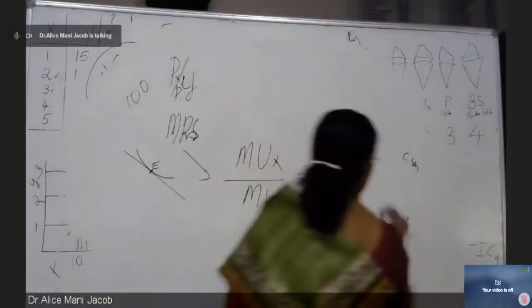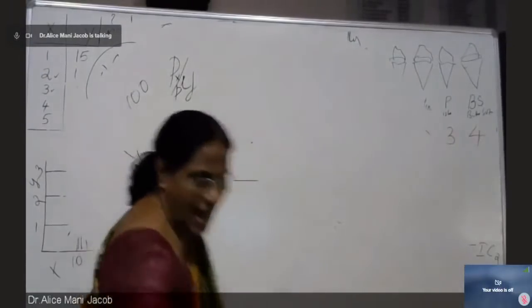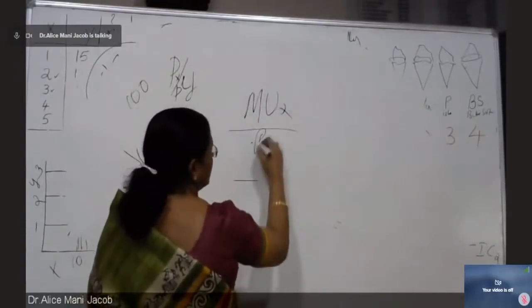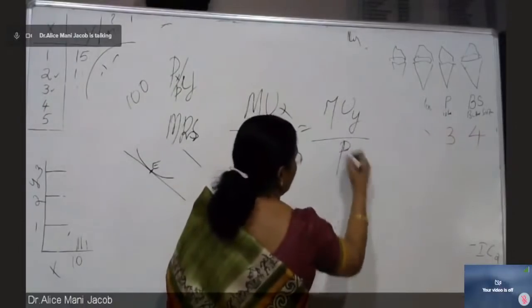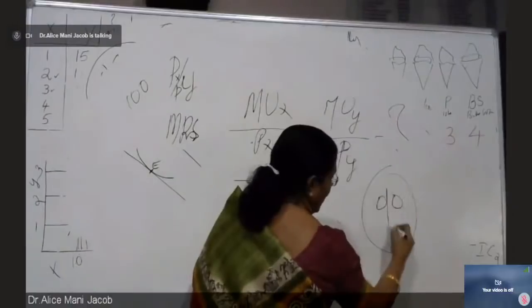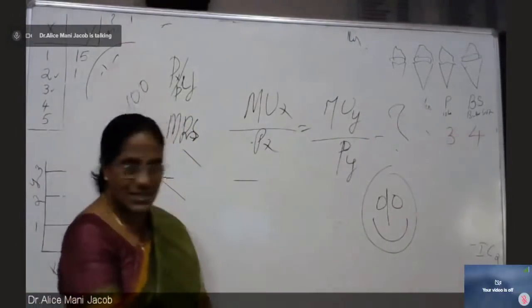What is it that you learned earlier? This can be rewritten as MUX by PX is equal to MUY by PY. Isn't it the same thing that Marshall said? Okay. Yes. This is exactly what Marshall said.